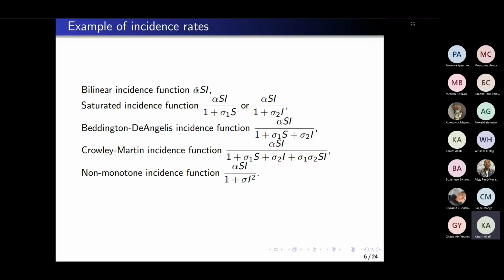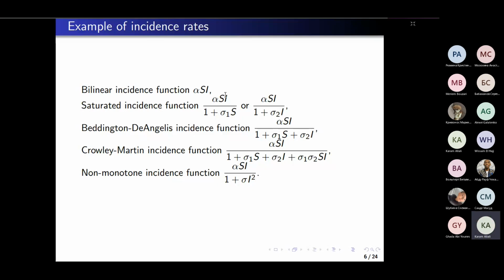However, in the second saturated rate, we have some saturation, and it has two ways to describe saturated incidence rates.